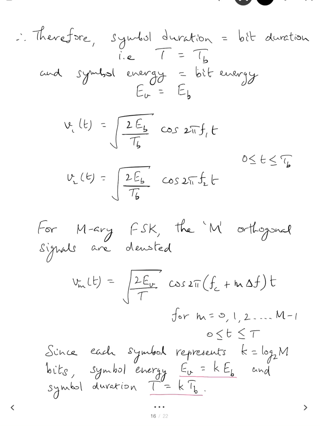So we just write it in a general way using the symbol energy and symbol time. But in the case of binary, the symbol energy is equal to the bit energy, because one bit is one symbol, and the symbol duration is equal to the bit duration, because one bit is equal to one symbol.